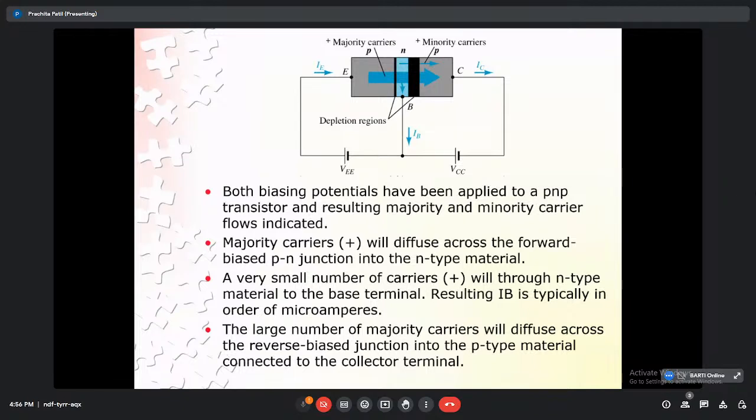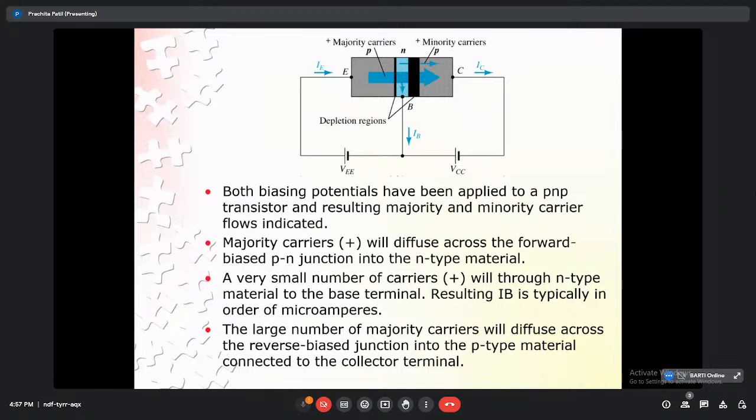Once we apply the power, you can see how the charge carriers move. With both biasing potentials applied to a PNP transistor, the resulting majority and minority charge carrier flows are indicated. You can see how they are flowing.